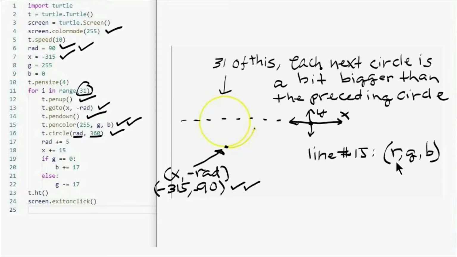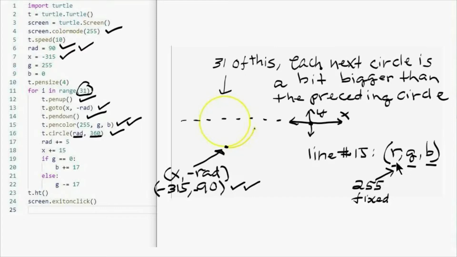The color mode of the screen should be 255. Remember, the R is the red, the G is the green, and the B is the blue. In this case, look at line number 15. The R is 255. It is fixed all throughout here.